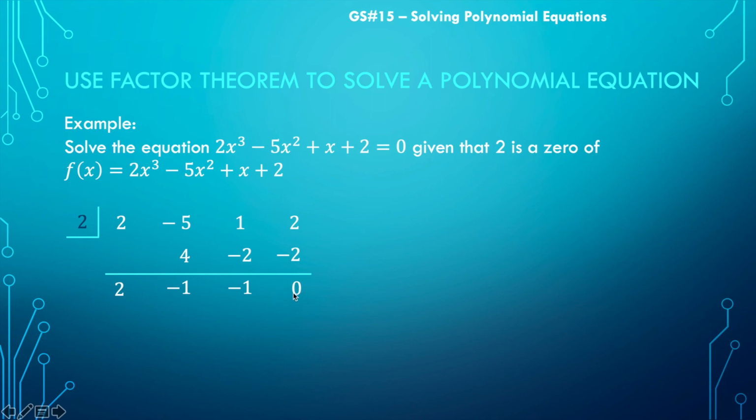That's great, because what that allows us to do is take the equation that we started with and break it into factors. We said that this implies a factor of x minus 2. There it is. And then these coefficients give us the coefficients of the quadratic, because this is the remainder, our constant, our x term, and our x squared term.